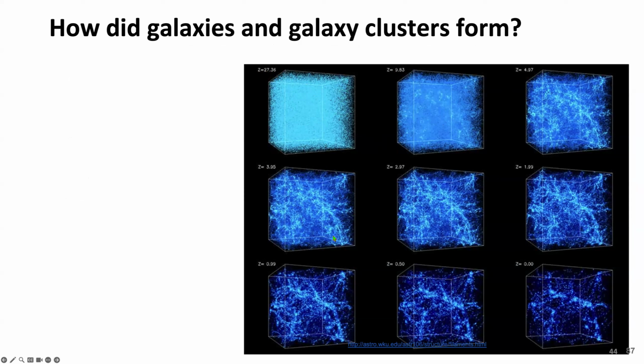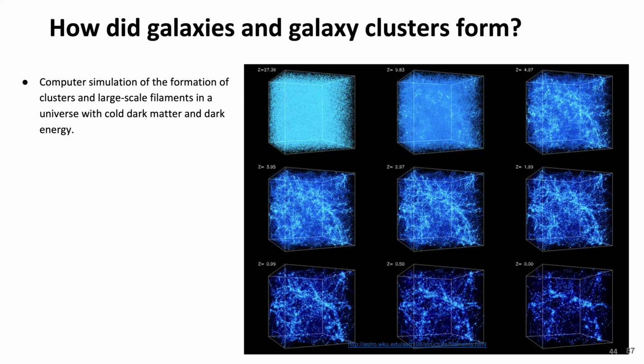And you see the computer simulations give us that same kind of structure that we saw in the Sloan Digital Sky Survey. In fact, when it says Z equals 0, this is the structure of galactic clusters near us right now. So there seems to be a concordance between the computer simulations we do and what we actually observe when we look at the sky, if we assume a universe that has dark matter and dark energy.